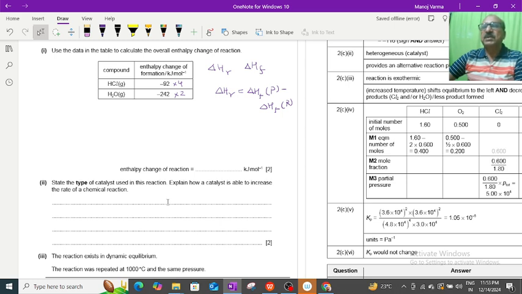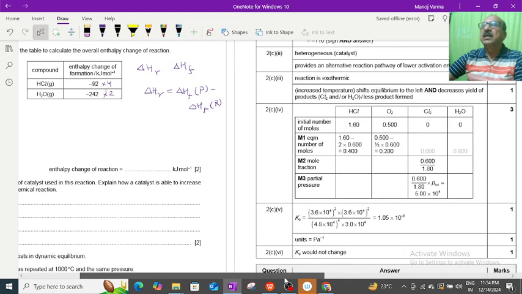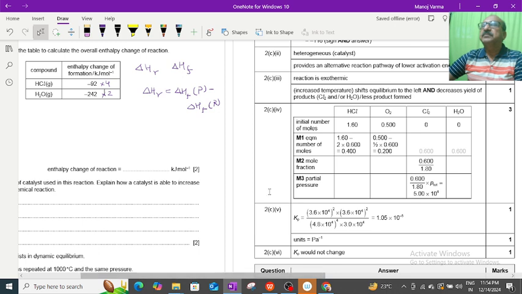So how does it increase the rate of the chemical reaction? The rate of the chemical reaction is related with the activation energy. If the activation energy is low, then that reaction is fast, and if that activation energy is high, then the reaction is slow.